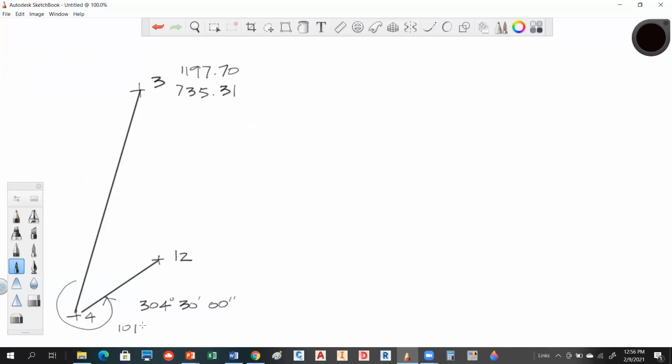They're 1015.45 and 713.45. And the only other thing we know at 12 was the distance. That was 2980, that line. Okay, so that's what we know. Again, assuming north is up.